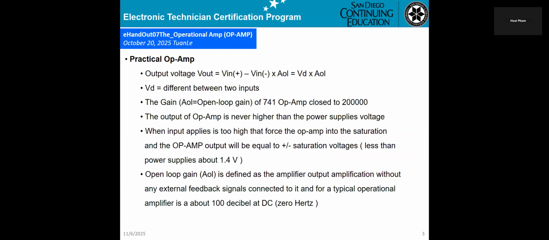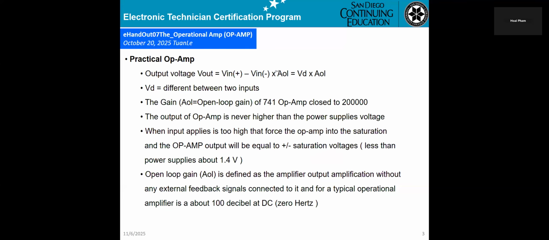And this is a summary. Output voltage Vout equals V in positive minus V in negative times AOL. A means gain, OL means open loop gain.